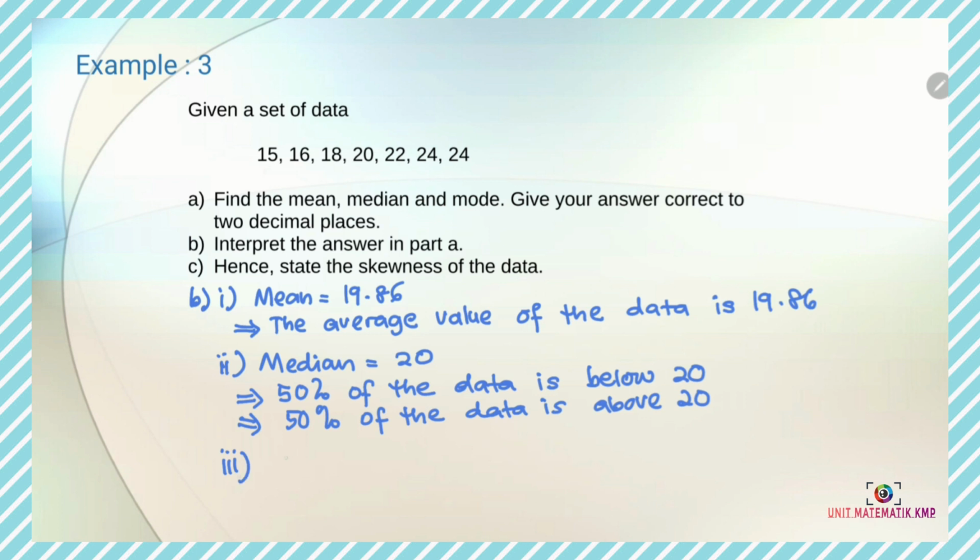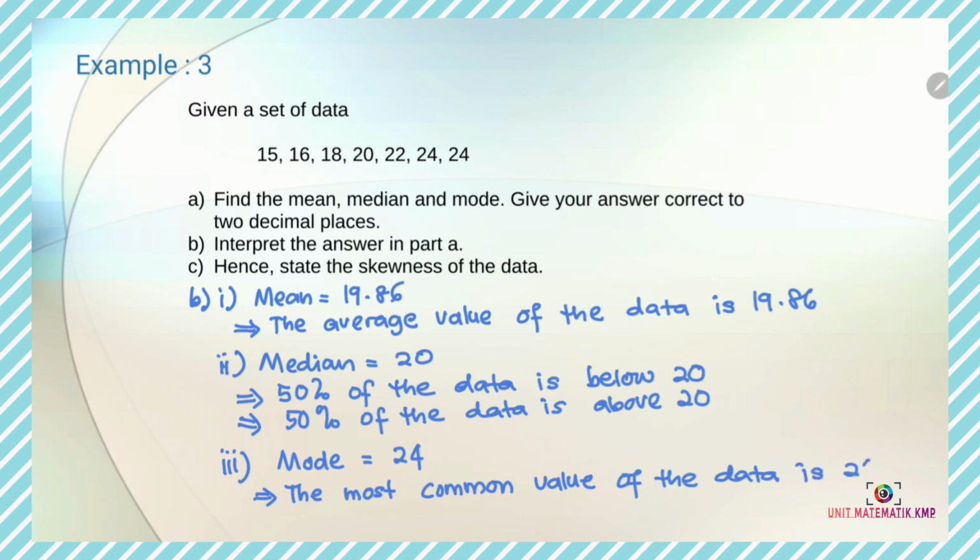Next is mode. The mode we have here is 24, and the interpretation is the most common value of the data is 24.